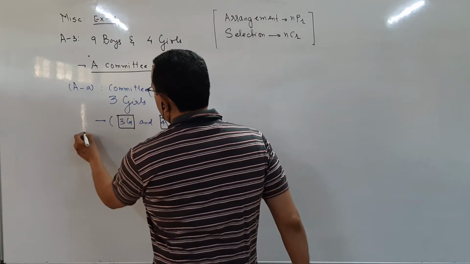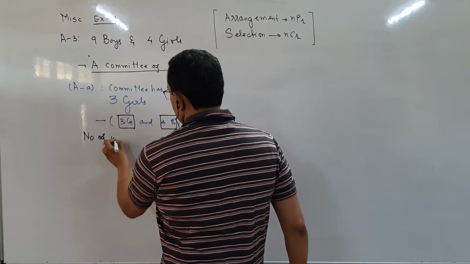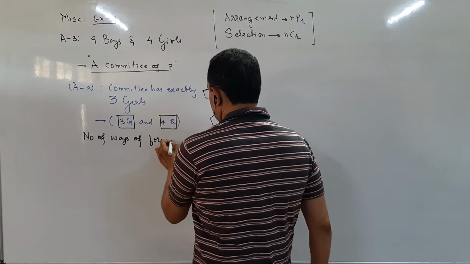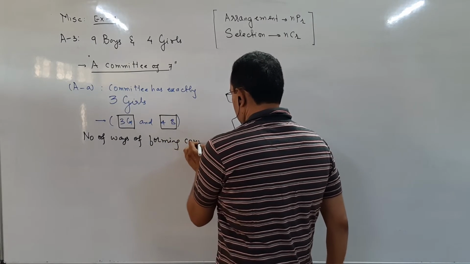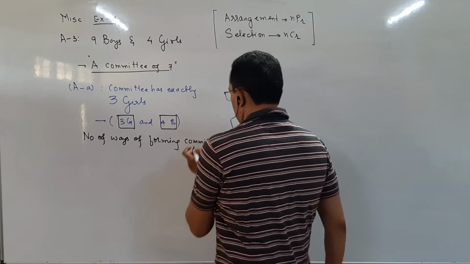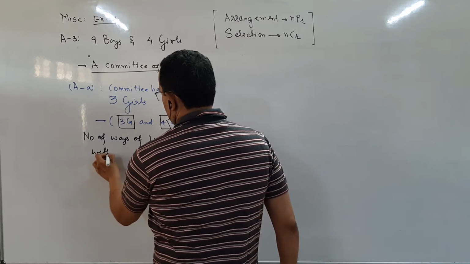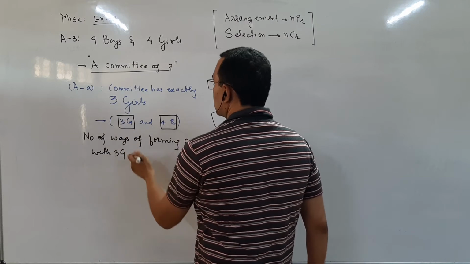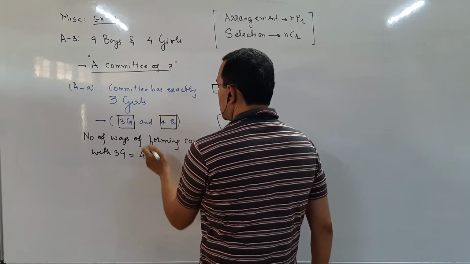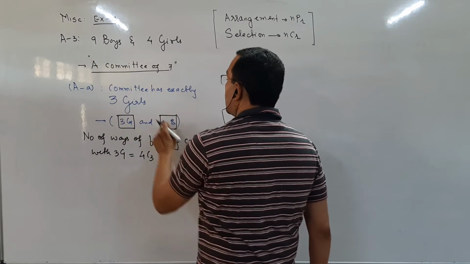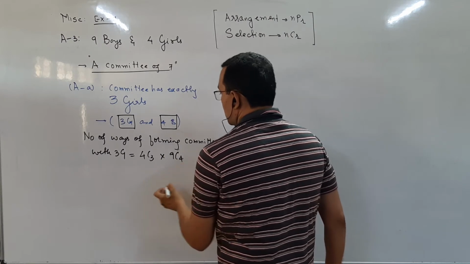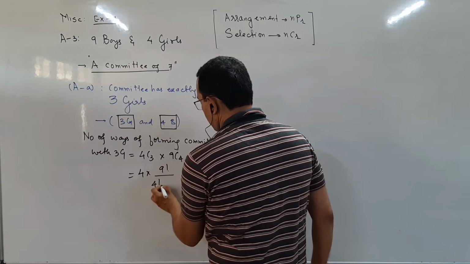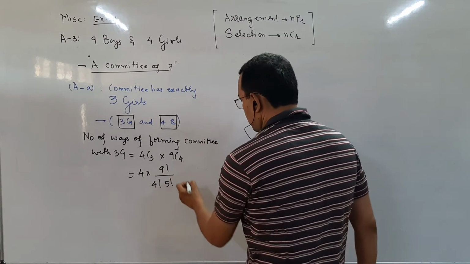So number of ways of forming committee with 3 girls is equal to, now from 4 I have to select only 3 girls, so 4C3, and remaining 4 from 9 boys, 9C4. Now 4C3 is 4, that all of you know. This is 9 factorial upon 4 factorial into 5 factorial.